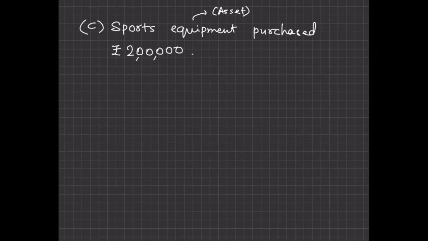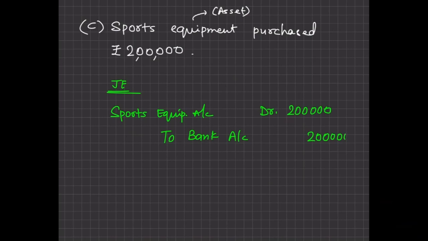It is not an expense, it is an asset. So what would be the journal entry for this? So debit what comes in. So I will debit the sports equipment account with rupees 2 lakh. And if I have made the payment, so my bank account will be credited with rupees 2 lakhs. In the narration, I will write being sports equipment purchased.